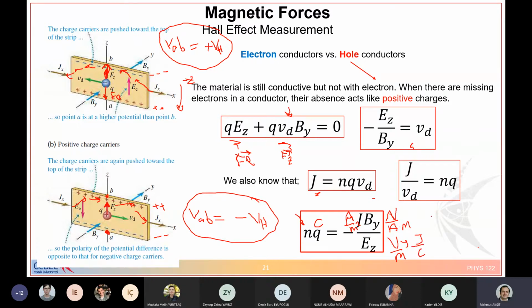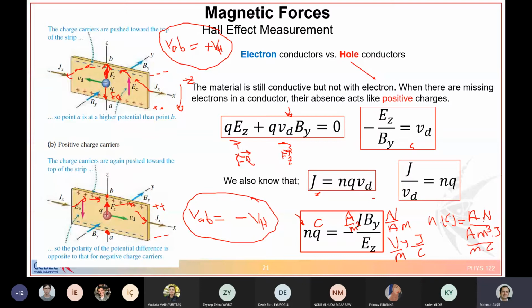So what we have is number of particles, coulombs, ampere, Newton, ampere, meter, cube, joules over meter, coulomb.